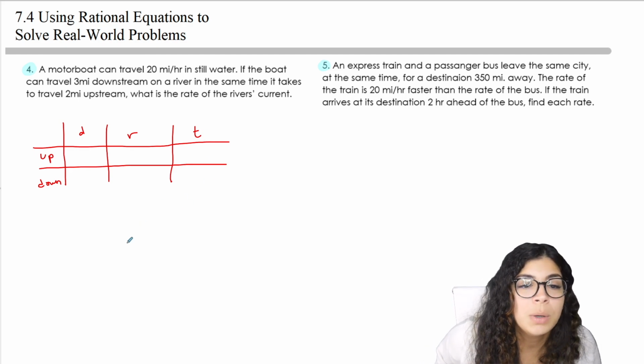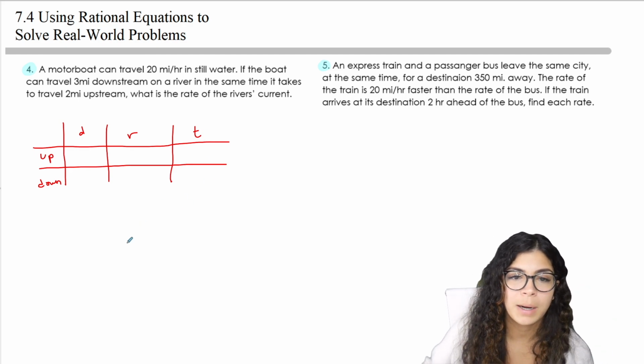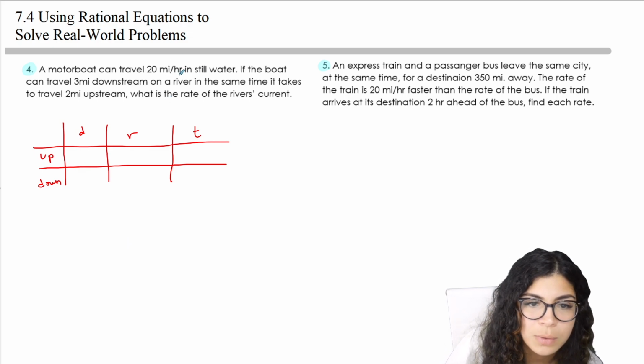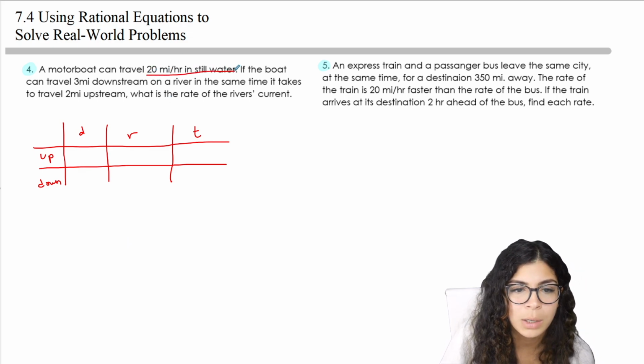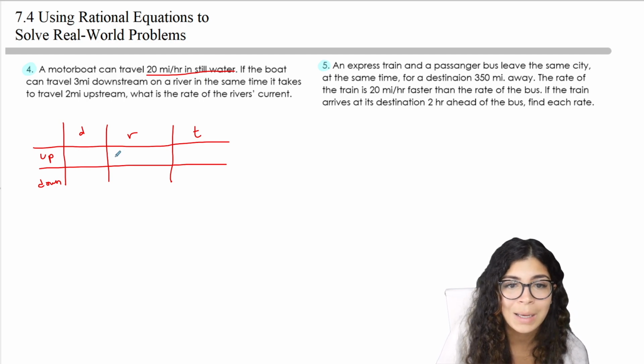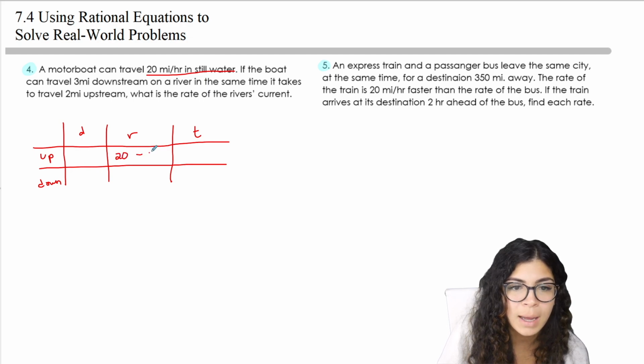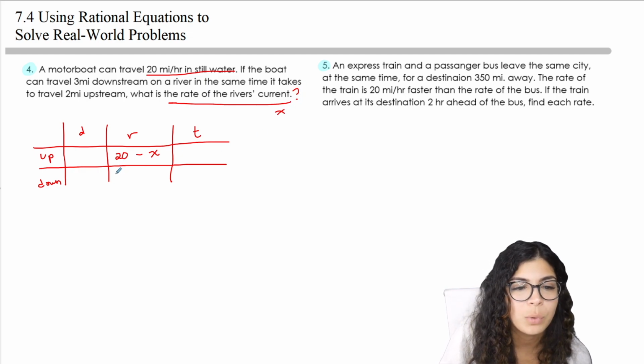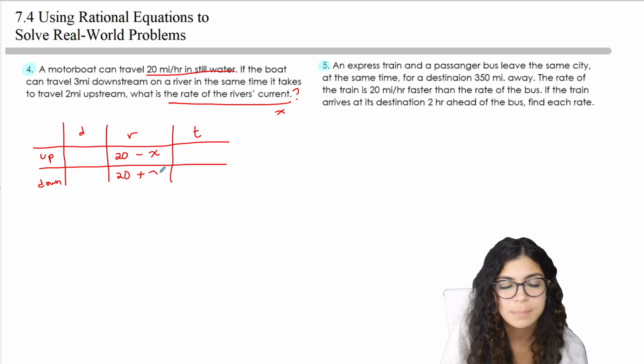So a motorboat can travel 20 miles per hour in still water. So this is the rate of still water. So the rate going upstream, where you're going against the current, would be 20 minus x. We don't know the rate of the river's current, so that's x. And the rate going downstream would be 20 plus x.